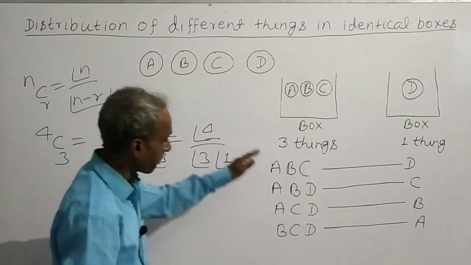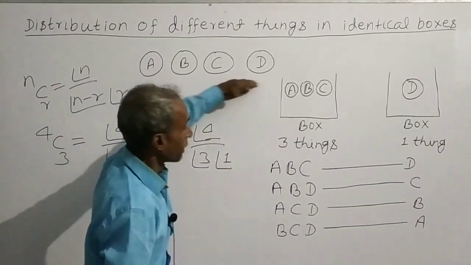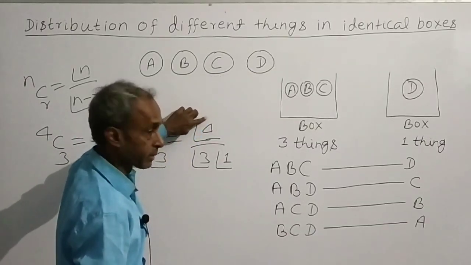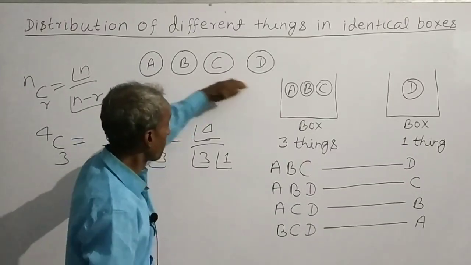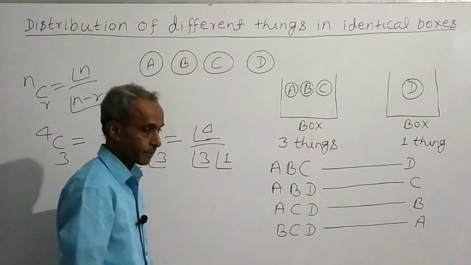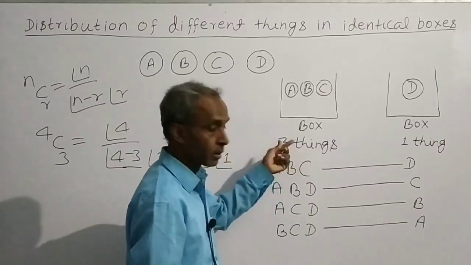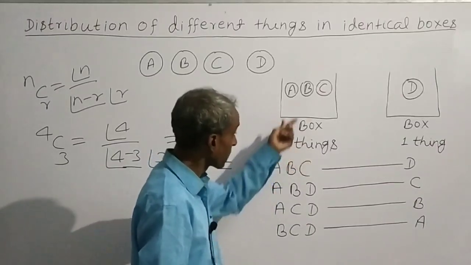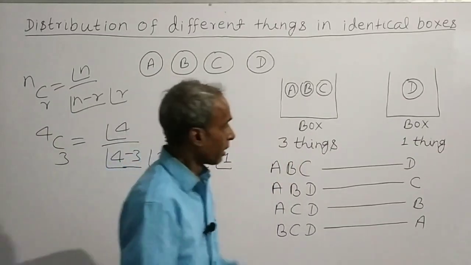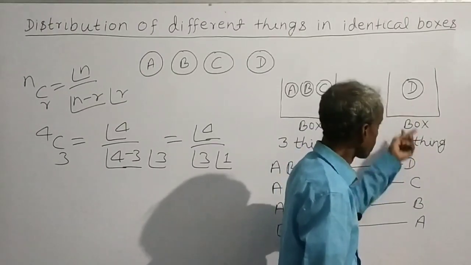That means the number of ways will be the factorial of the number of all different things, divided by the factorial of things in one box times the factorial of things in the second box.